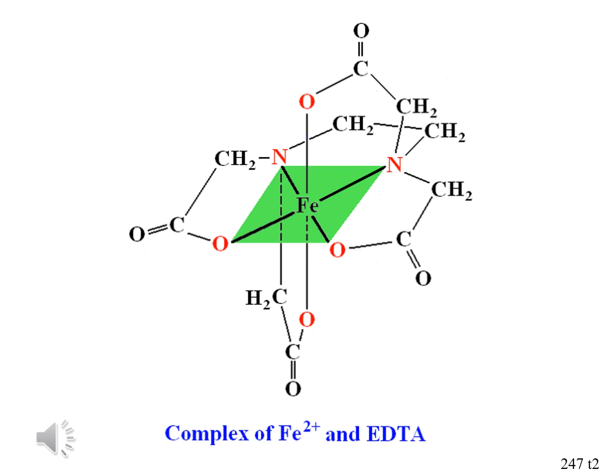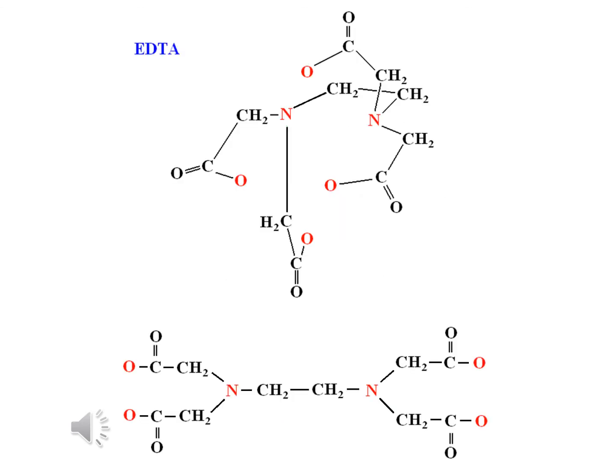The thing about this is you can take the iron out of it, as I'm going to do in the next slide, and show that the EDTA around the outside is all one molecule. This is what EDTA looks like at the top without the iron, and you can see that it's completely one molecule with no breaks.